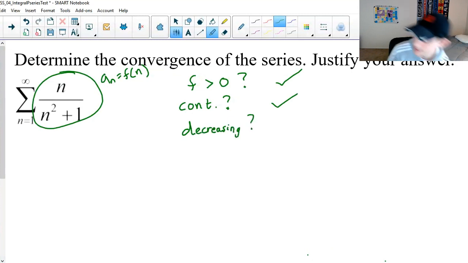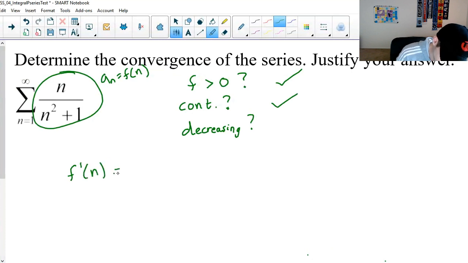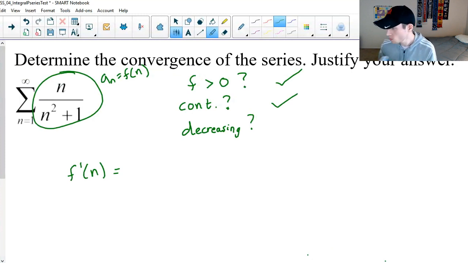Now, is the function decreasing? So I'm a little less uncertain just looking at it. So what I'm going to do is I'm going to take the derivative. And since this is a rational function, I think you all know and love what we're about to do, which is the most wonderful rule of all, which would be the quotient rule.